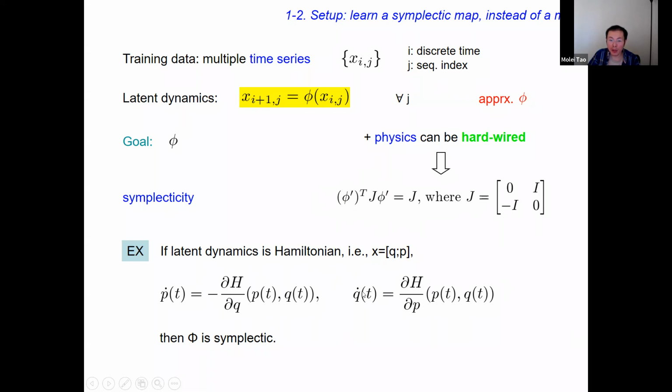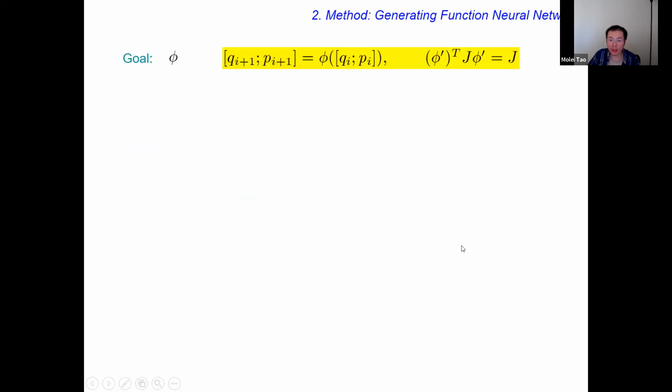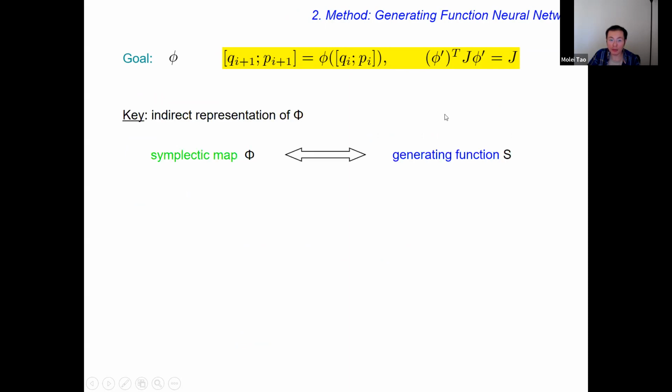So therefore, I want to enforce this condition exactly. I don't want to have any approximation. So I don't want an objective function that has this as a regularizer. I want to enforce it exactly so that my model is mechanical. So that's going to be a hard constraint. So the goal is to find phi that satisfies this and generates my time series.